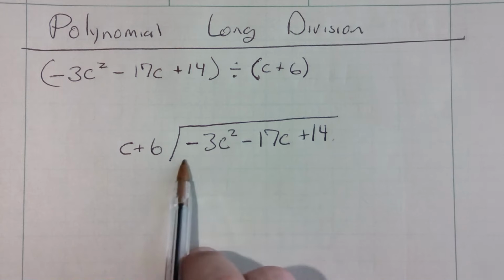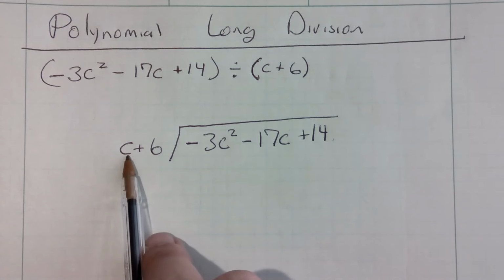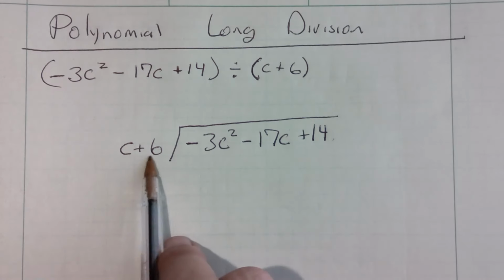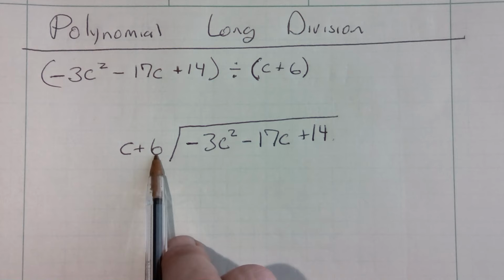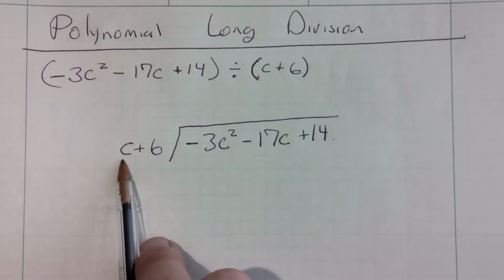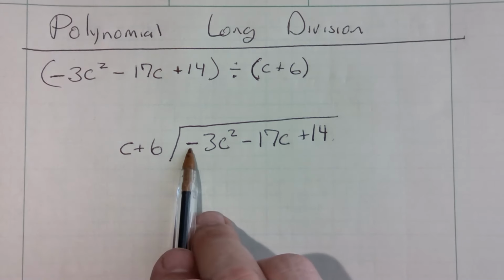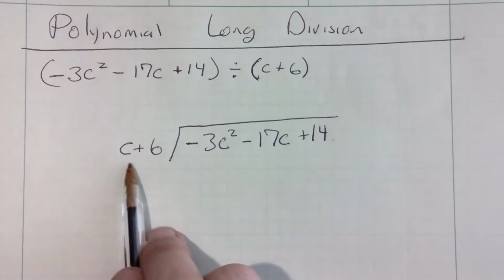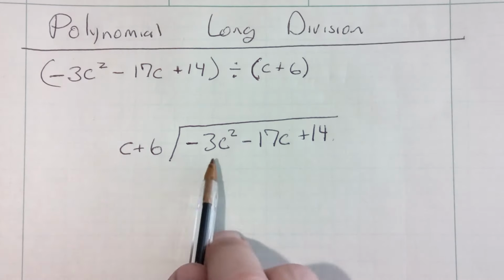So what I'm going to do is first decide what I need to multiply the first term in my divisor by, because there's two terms. That's one thing I want to emphasize. There's two terms in the divisor, but you want to focus on the first one initially and say, I need to multiply this c by something to get a negative 3c squared. So in order to do that, it's missing a coefficient of negative 3.